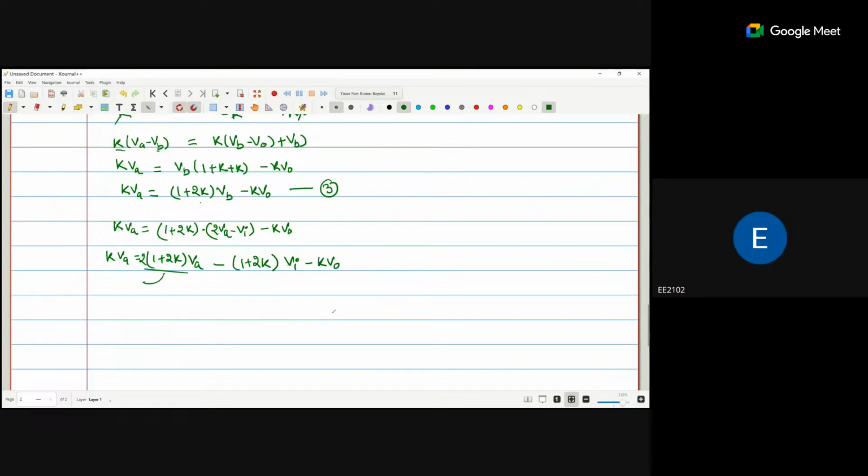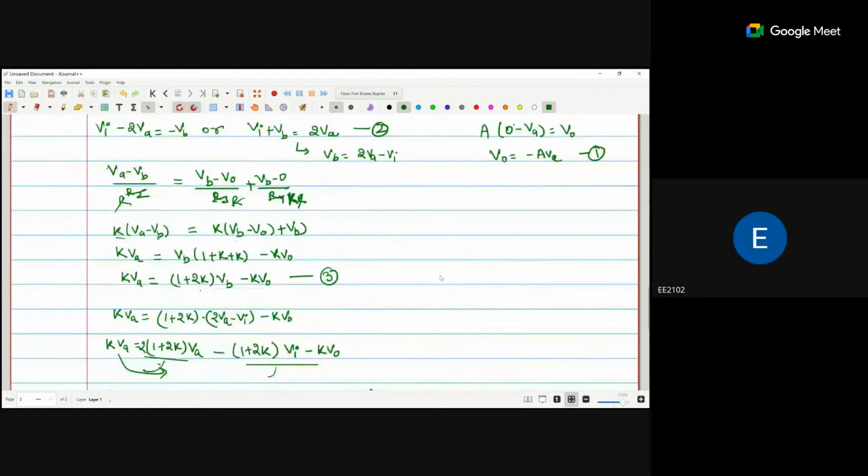If I take this term here and this term here, so (1 plus 2K) times Vi plus K times V naught is equal to VA times (2 plus 4K minus K). So it is (2 plus 3K) times VA. Okay, now put the value of VA.